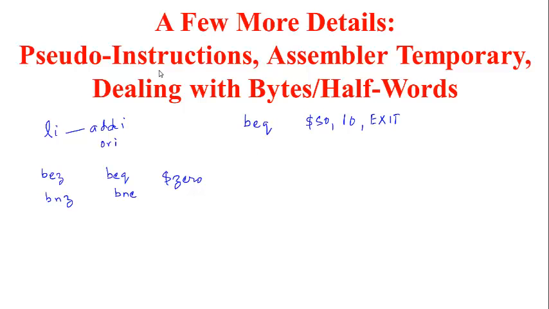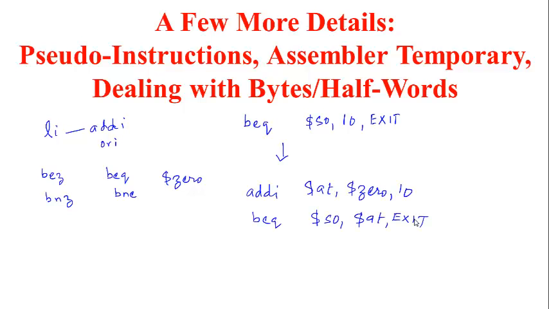Now this is a pseudo instruction because in the real machine instruction set, BEQ takes two register arguments. It doesn't take one register argument and one immediate argument. So how can we convert this into known MIPS instructions? You actually have to use another register. So this is what it gets translated into.